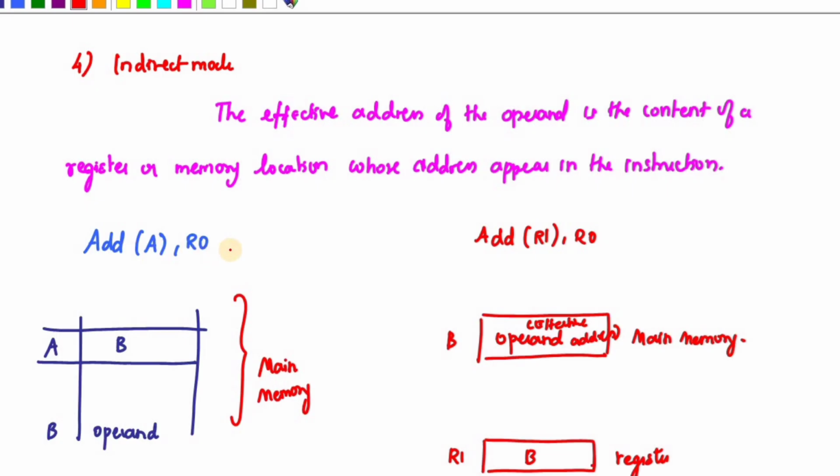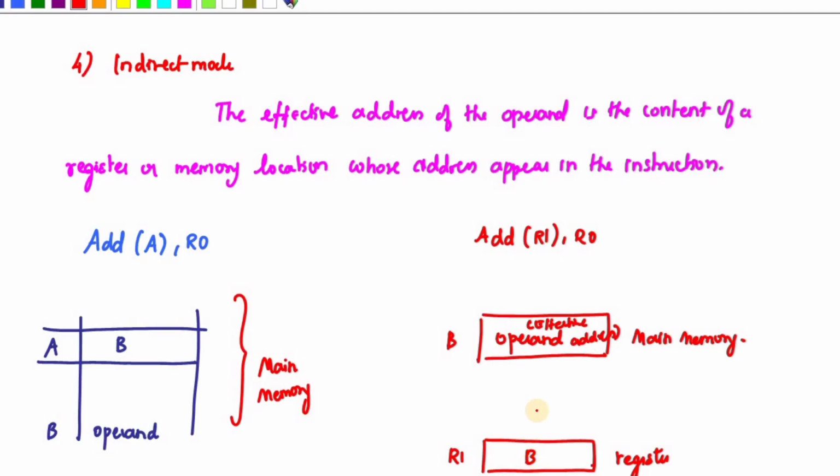In the second instruction, the processor uses the value of B, which resides in the register R1. This is my general purpose register. It uses the value B in the register R1 as the effective address of the operand.